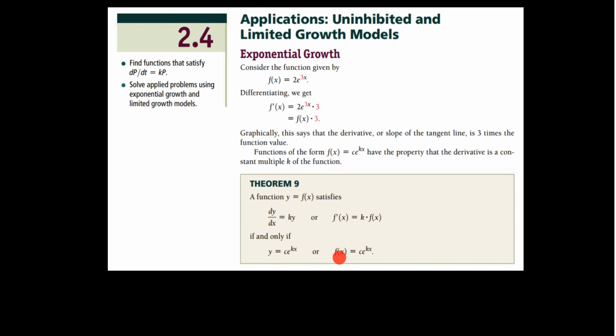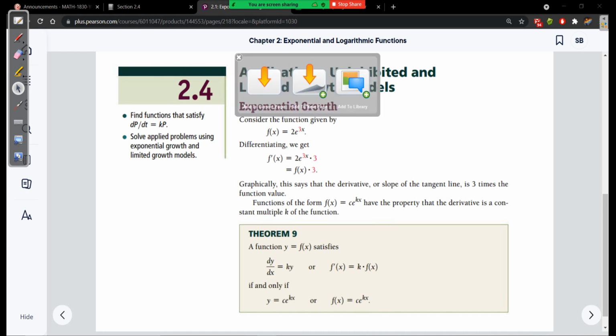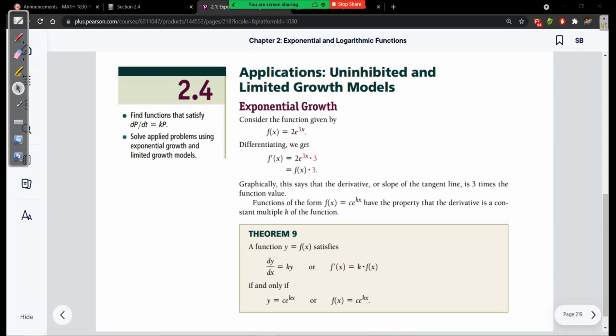In other words, f of x and y are virtually interchangeable. They mean the same thing. The function at x is indeed y, and it's going to be equal to ce to the kx. I know that doesn't mean too much until you get a nice hearty example. So let's pop one of these up. Bring the theorem along with me for this example.